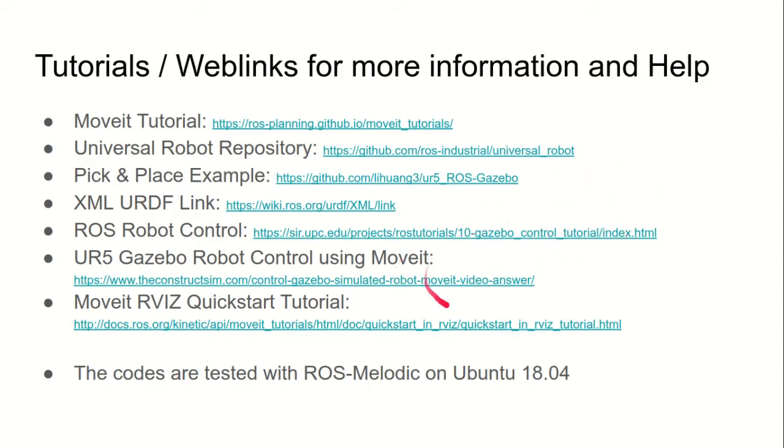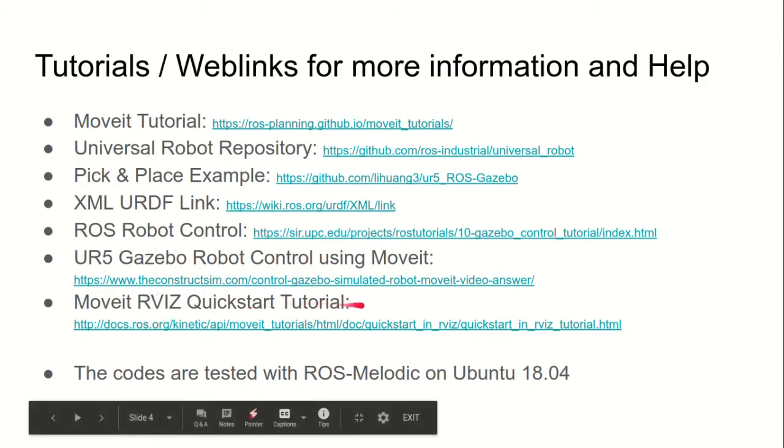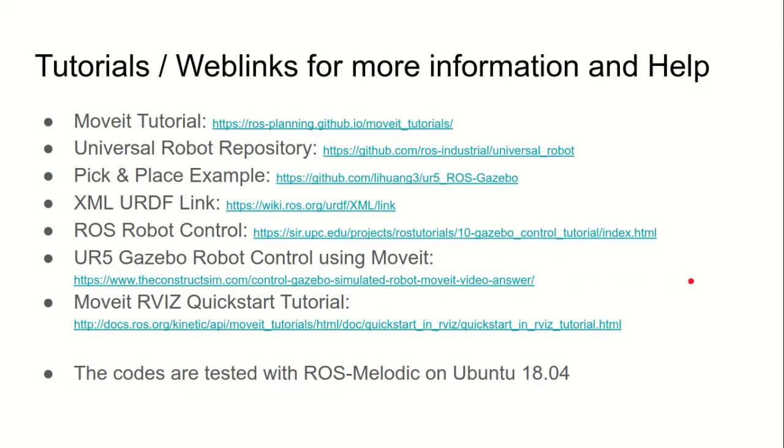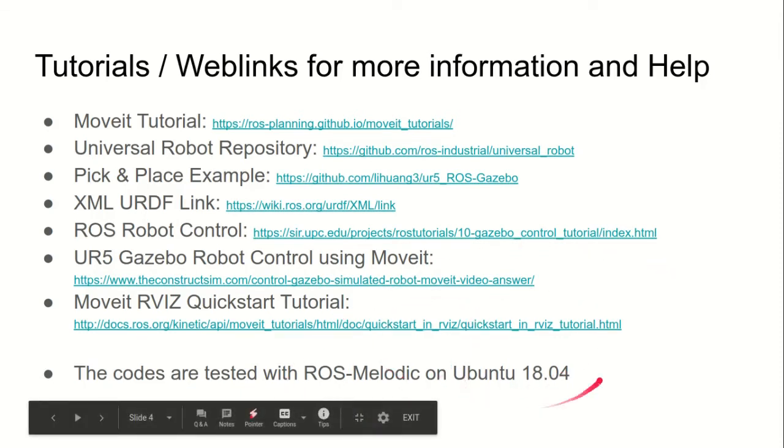There's a video that already talks about how UR5 Gazebo can be used with Moveit. I'll see what is the difference between what he has discussed and what we are going to do now. And there is a Moveit RViz quick start tutorial which is also helpful. The code demonstrated in this video has been tested with ROS Melodic on Ubuntu 18.04.